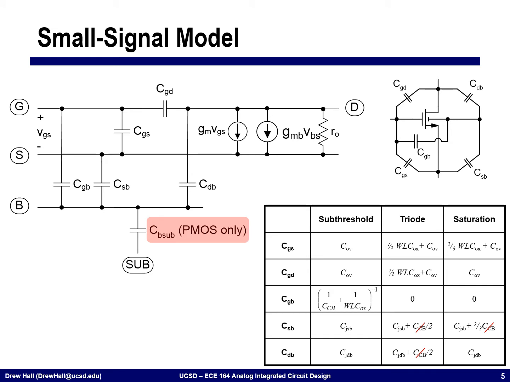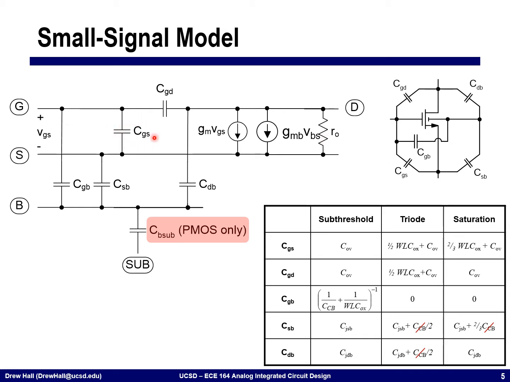Talking more about our small signal model, we built up the small signal model over the course of a couple of lectures, including all of the various different capacitances of the device, as well as the transconductance from the input, the transconductance from the body, and this output impedance. Fundamentally, a MOSFET needs this capacitance.